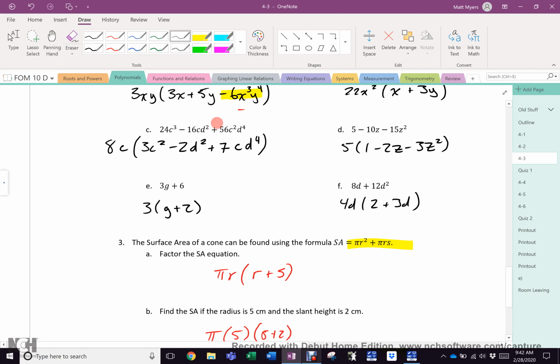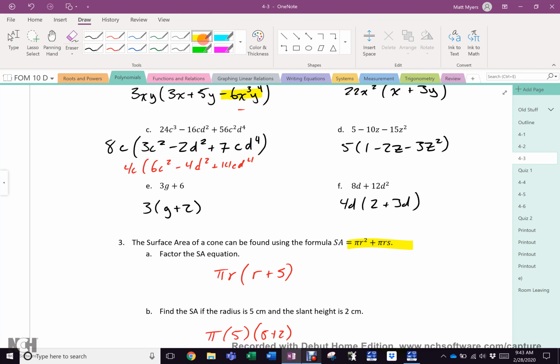Pardon me? Yeah, but GCF stands for what number? Or what letter? Is 8 greater than 4? Okay. So, if you did 4, right? Then you would have had 4c, right? And then you would have had 6c squared minus 4d squared plus 14cd4, yes?